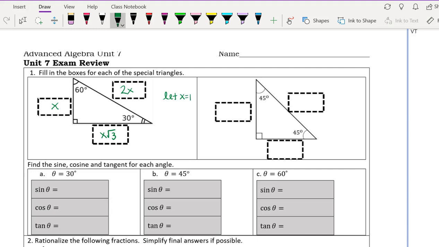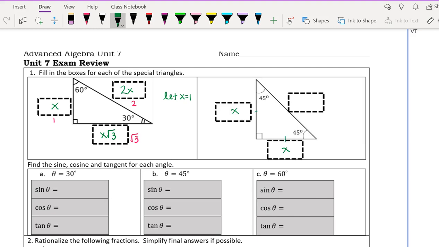Okay, so then I can actually say, well, then this is 1, 2, the square root of 3. Okay, over here with the 45, 45, 90 triangle, same idea, where the 45, 45, 90 have x and x because this is an isosceles right triangle.